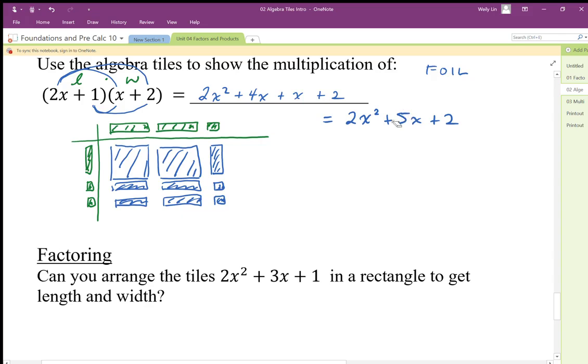And when we undo this multiplication, or factor these, the key is understanding how we ungroup the 5. How did we get the 5? We got it with a group of 4 and a group of 1. It's important to understand how we undo that 5, because that tells us essentially our shape, because depending on how we rearrange these tiles, it's going to give us a different shape or different factors.